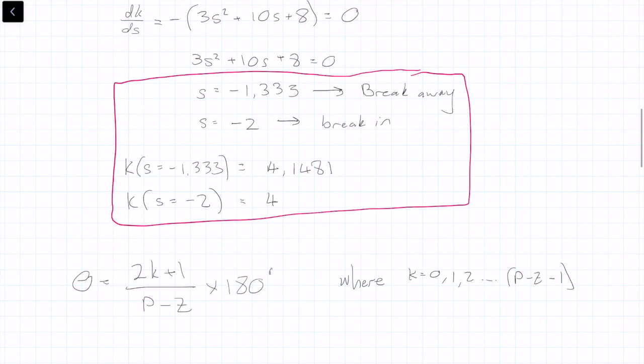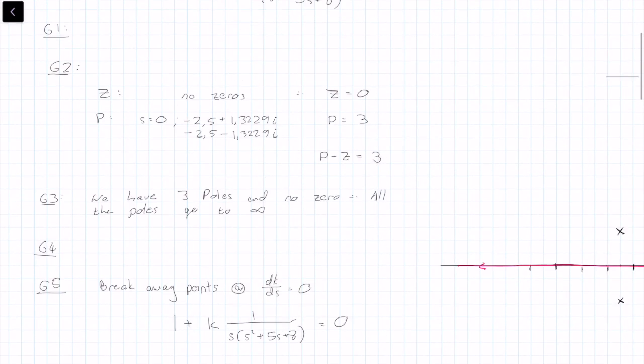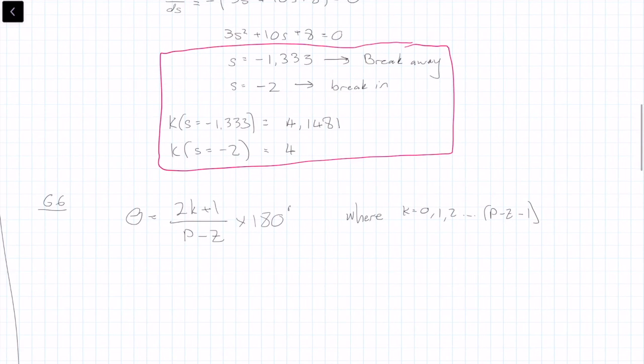We already know that p minus z is 3, so p minus z minus 1 is 2, therefore k equals 0, 1, and 2.